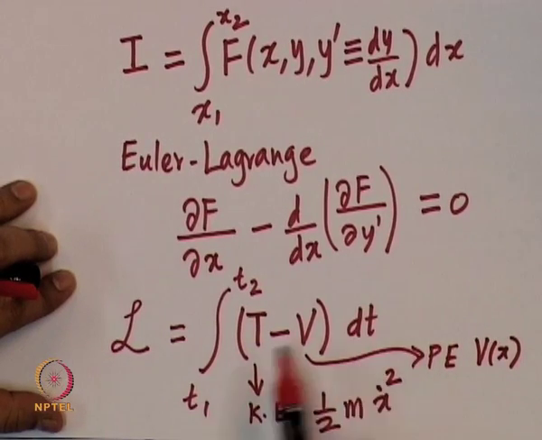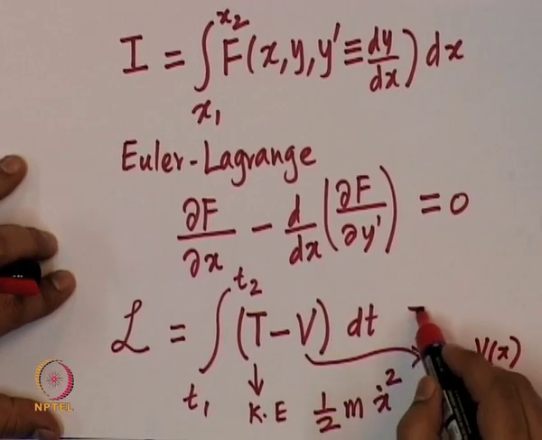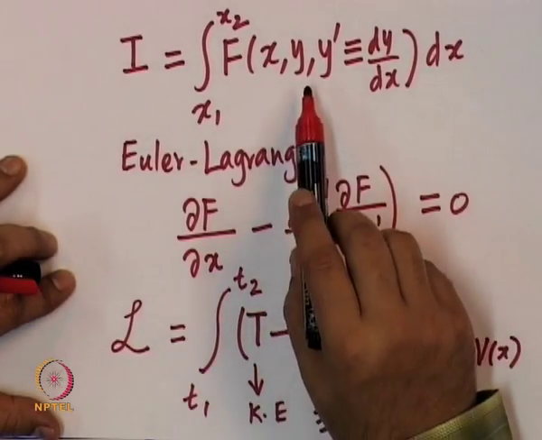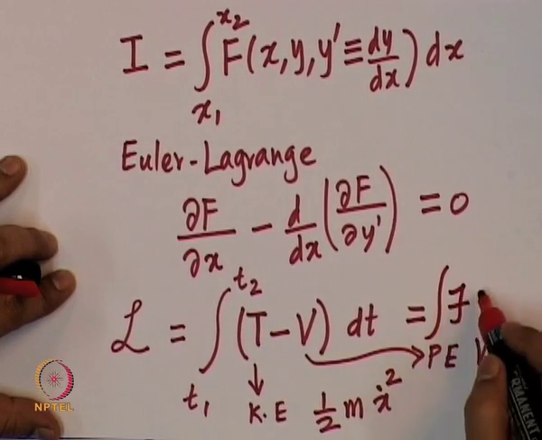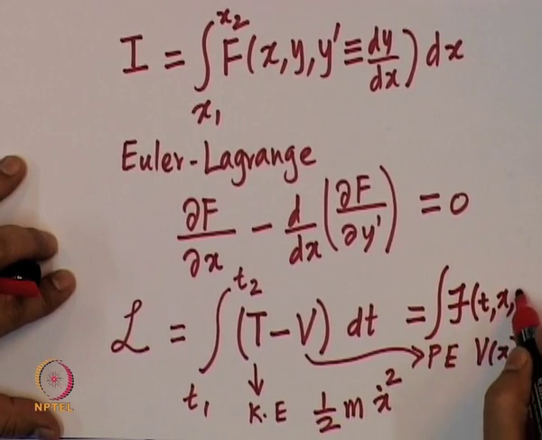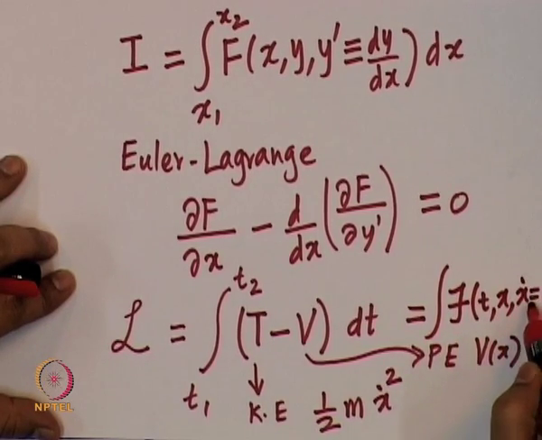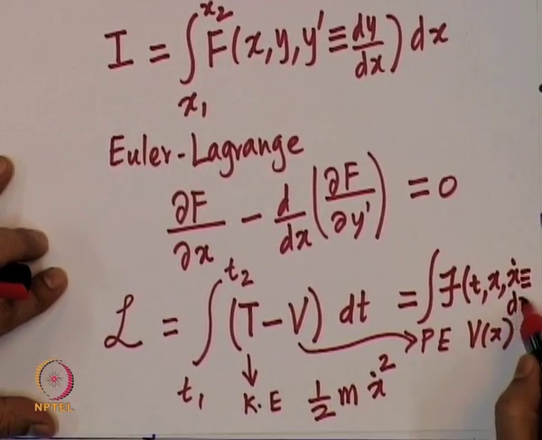Now, if we are trying to optimize this function, we can write it in this form: some f of t, x and x dot, which is nothing but dx by dt, integrated over dt.